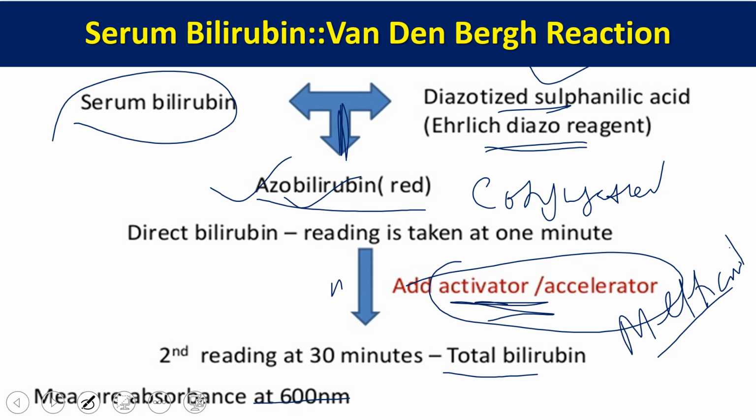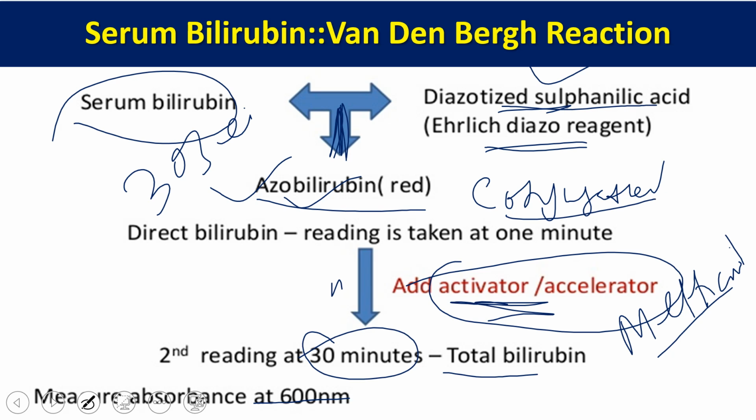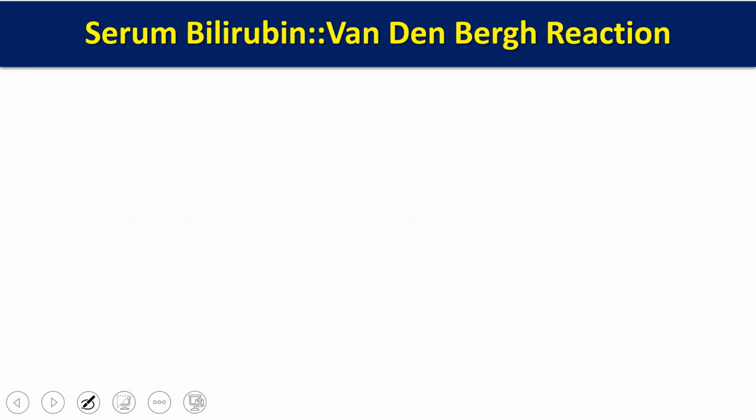The first reaction occurs within 30 seconds, and the second reaction takes roughly 30 minutes. The reaction which occurs instantly after the addition of diazotized sulfanilic acid gives us information about conjugated bilirubin, and the color which intensifies after 30 minutes gives us information about unconjugated bilirubin.